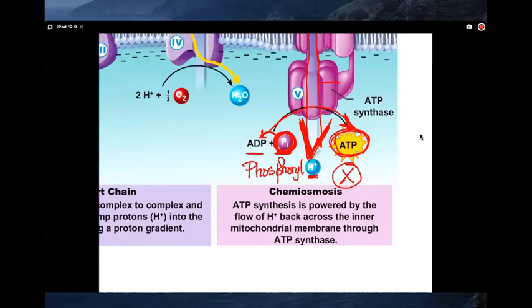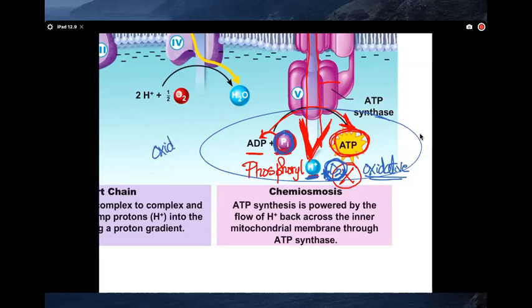Because you're going to need to keep the protons traveling inside. So you're going to be adding oxygen, which is an oxidative reaction. So what do we call those together? Those reactions, the addition of a phosphate group to an ADP and the attachment of the protons to oxygen, we call those two together oxidative phosphorylation.